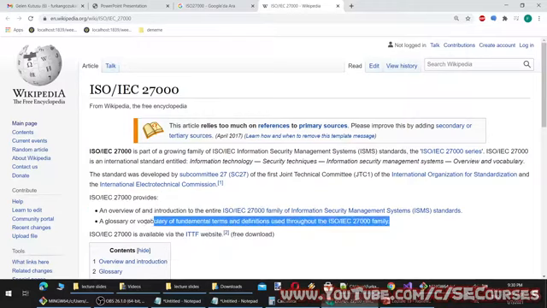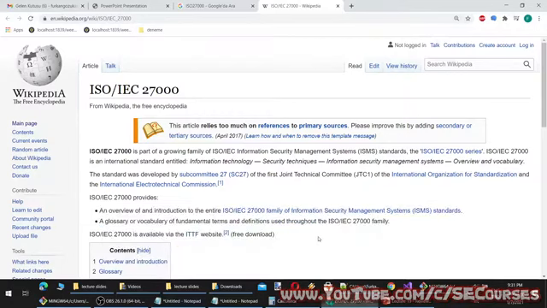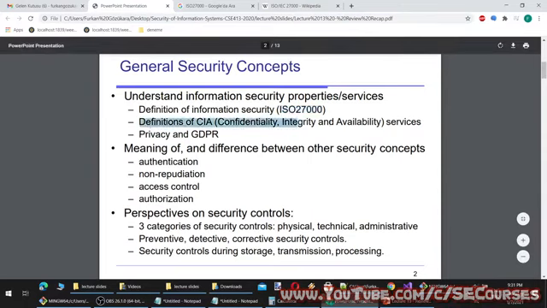It provides an overview and introduction to the entire ISO/IEC 27000 family of ISMS standards, and a glossary or vocabulary of fundamental terms and definitions used throughout the family. Okay, so we have remembered it.